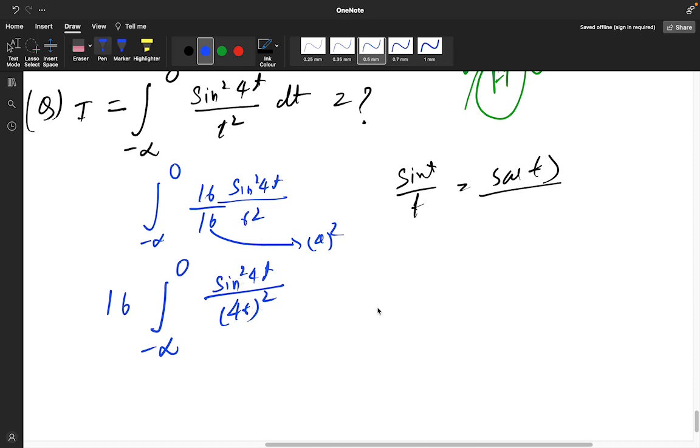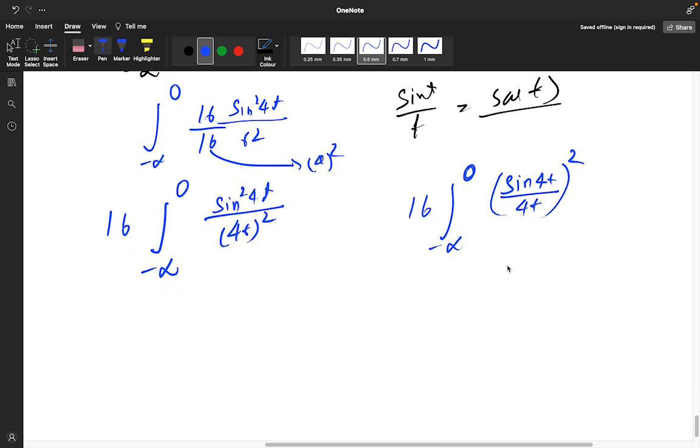So what it's coming, 16 into minus infinite to 0, sine 4t divided by 4t the whole square, into dt. And this is nothing but minus infinite to 0 sampling 4t the whole square into dt, correct?